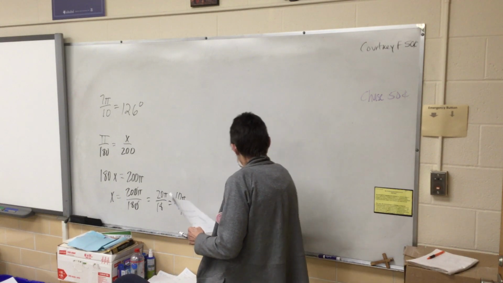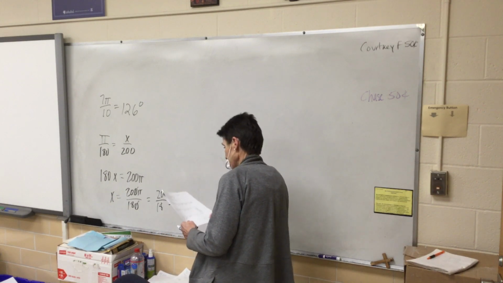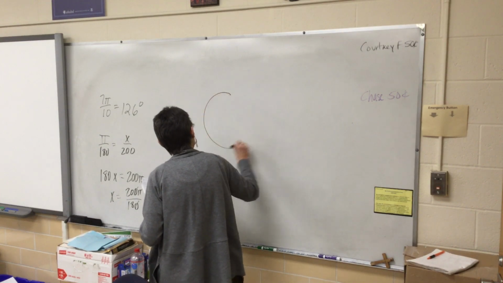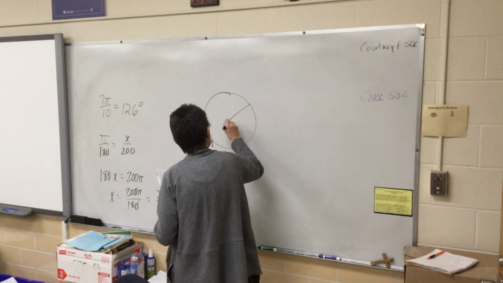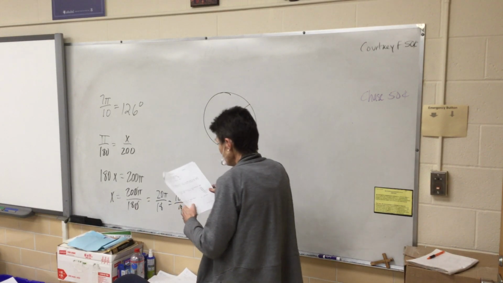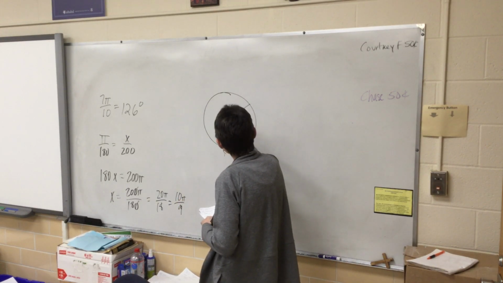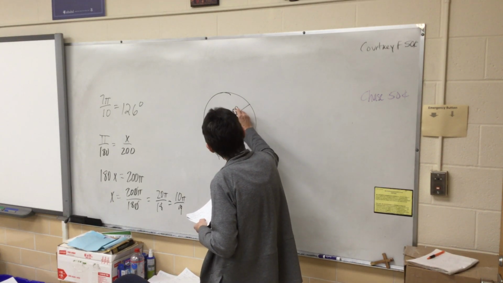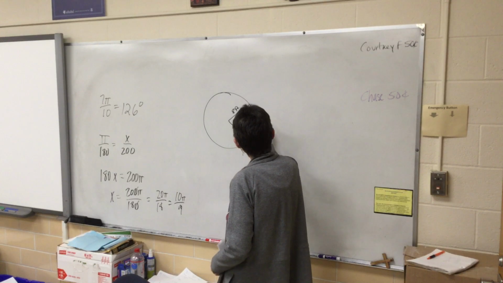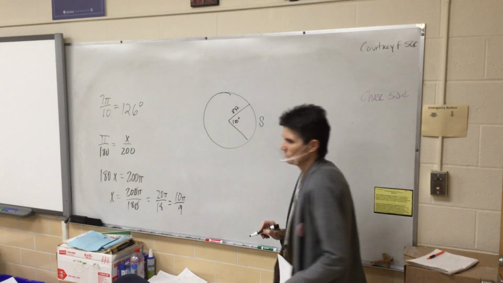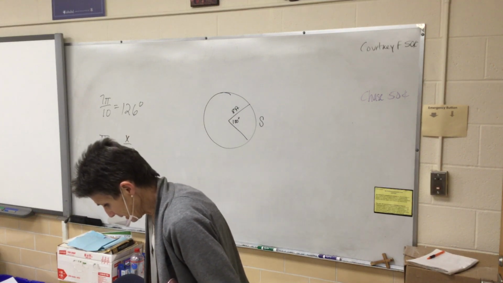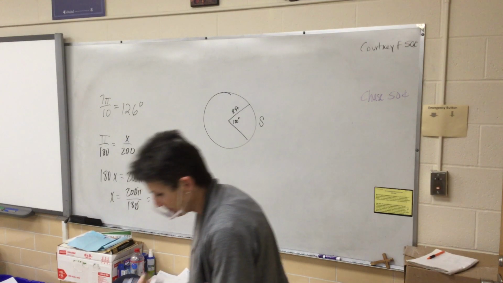Okay? All right, now we got a hard one. Or harder, because it's a two-part question, or a two-step process. The angle is 100 degrees. The radius is 8 feet. And I want to find the arc length. So when I say arc length, something should pop into your head.